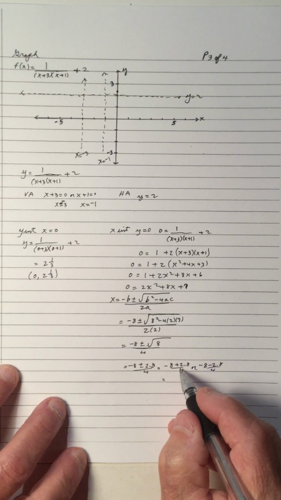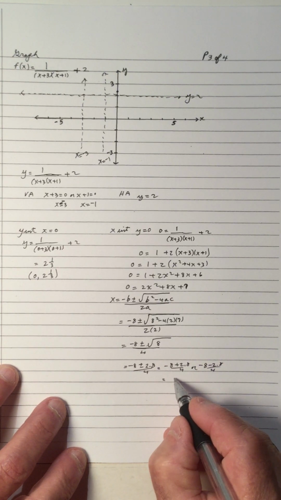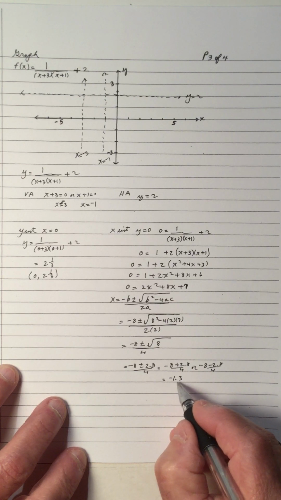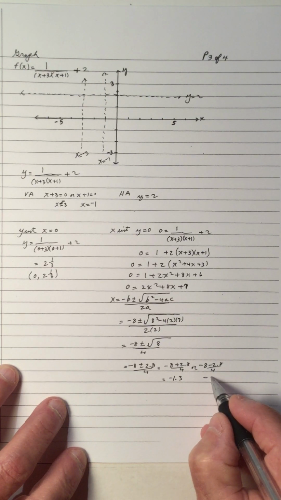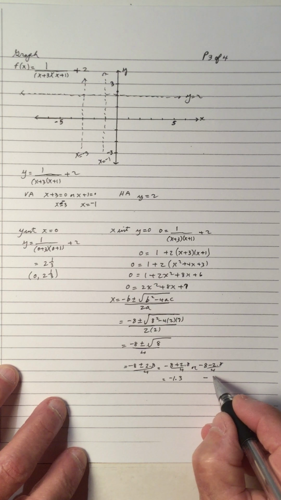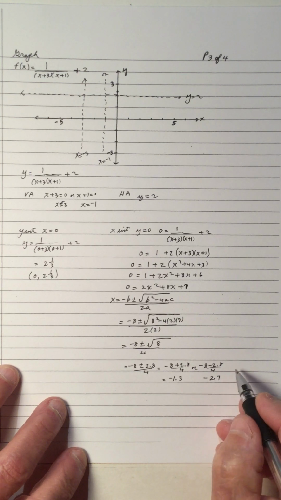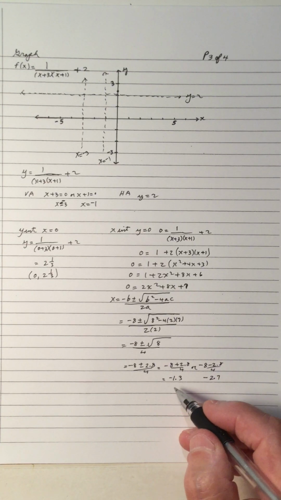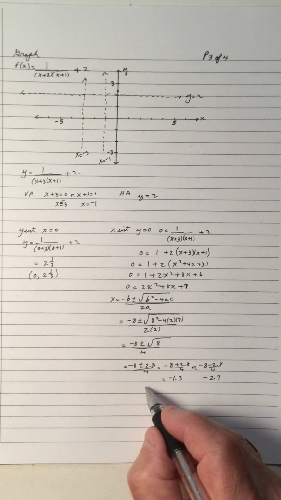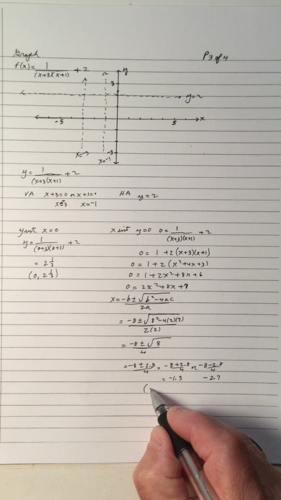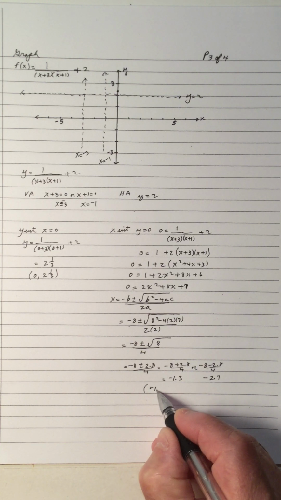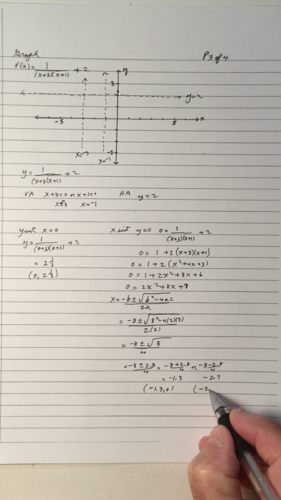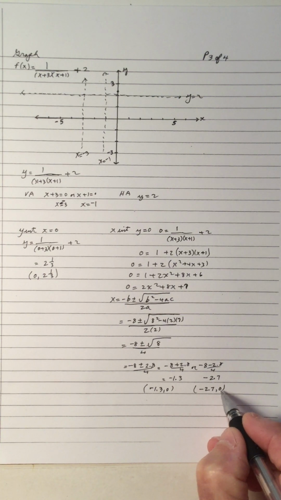And that works down to be negative 1.3, and this is a negative 2.7. I just worked the calculators and you get that. So that means this point here is x is negative 2.3, y is 0. And right here x is 2.7 and y is 0.